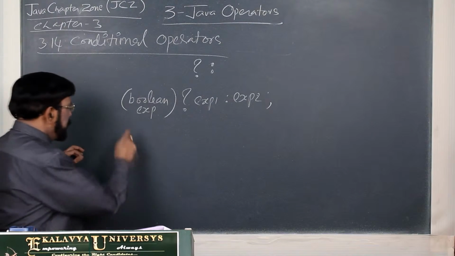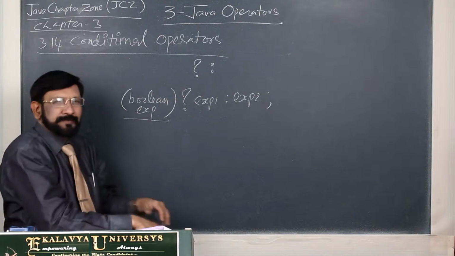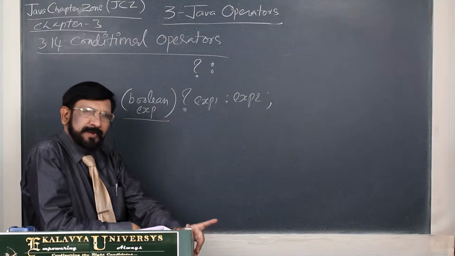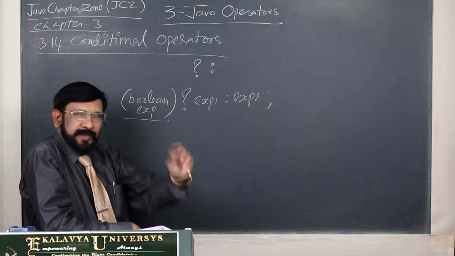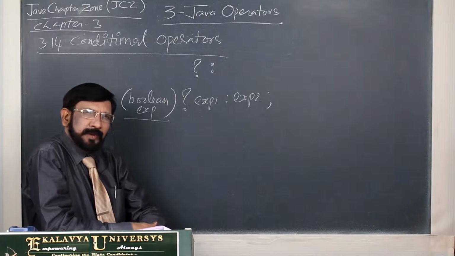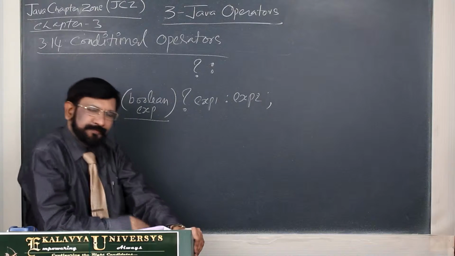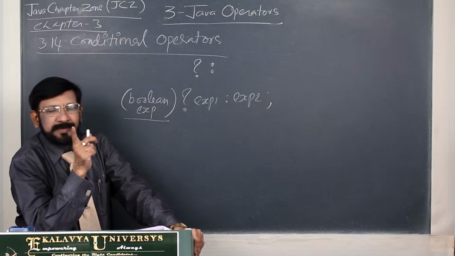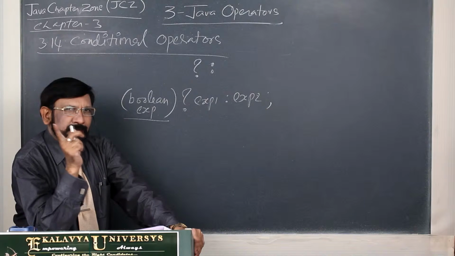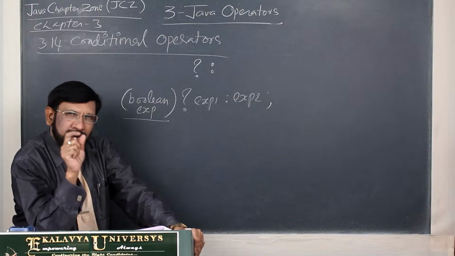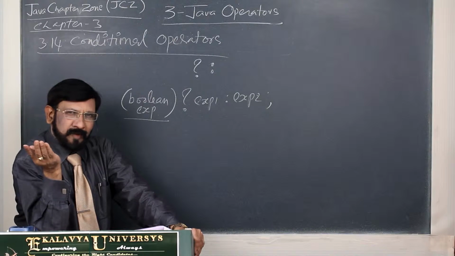Now, what is a Boolean expression? A Boolean expression means when it is evaluated, the result of that expression should be either true or false. In case of relational expressions as well as logical expressions, the result will be either true or false.